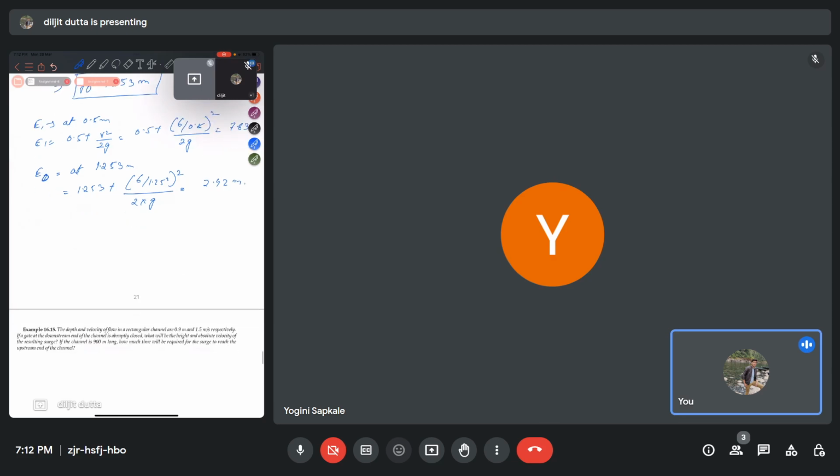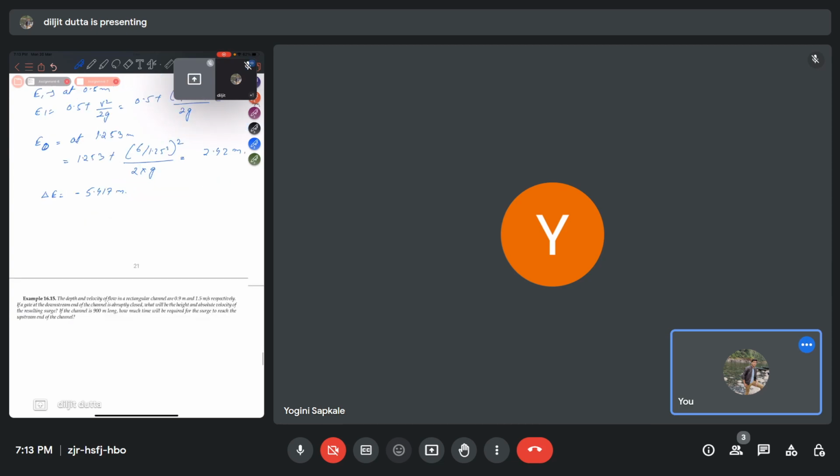Now delta E is equal to, if we subtract 1 minus 2, it will be around minus 5.417 meter.